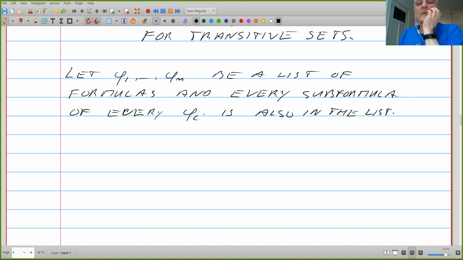Then we can prove the following, and this is quite close to elementarity, but only elementarity for this particular set of formulas, so to speak.